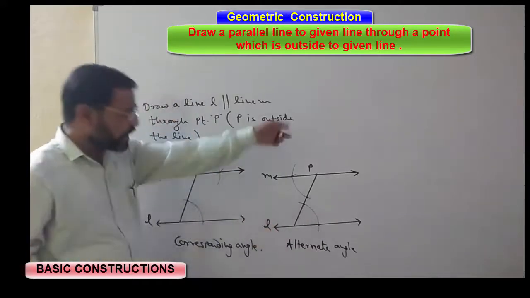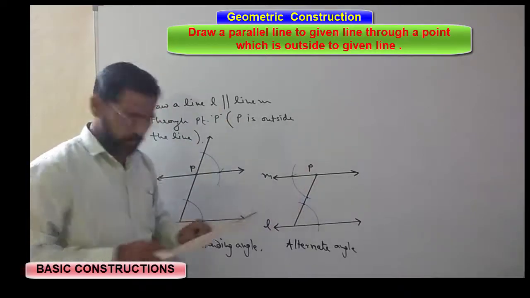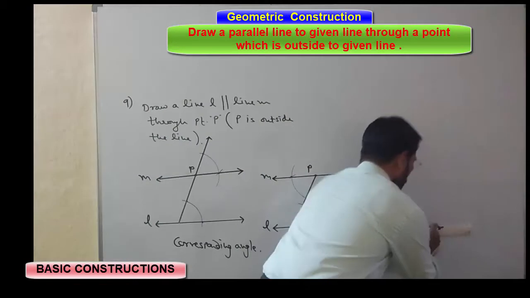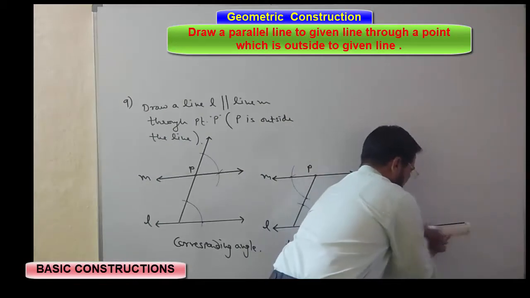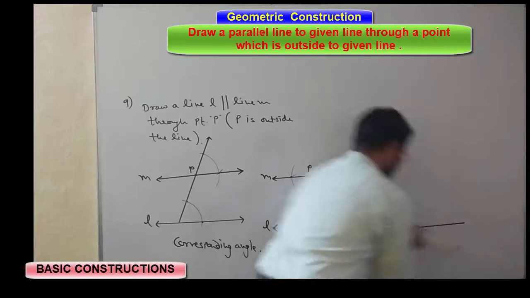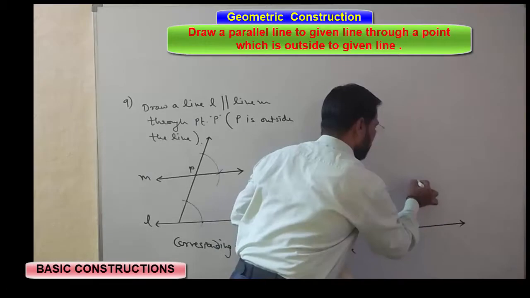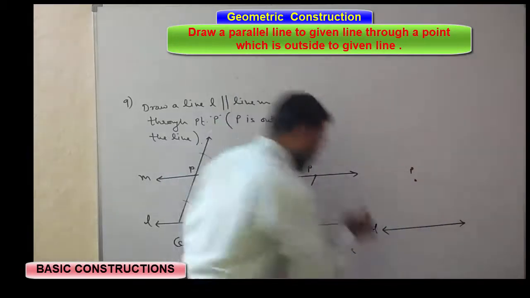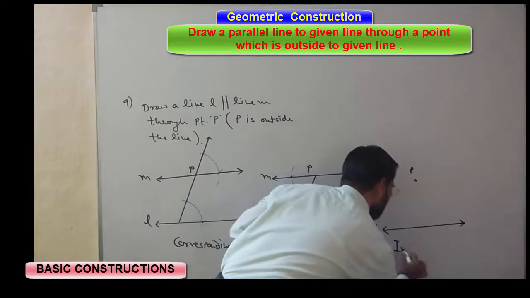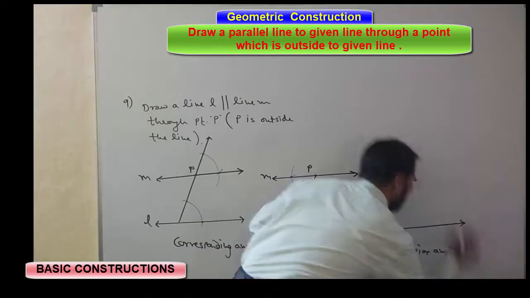Okay, now here also I will do a similar thing by using interior angles. Look here, the baseline. Look friends. Okay, now here this is line L. I will take here one point P, which is outside the line. Okay, now here we are going to use interior angles.